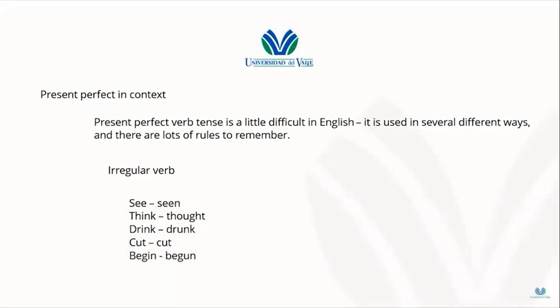Also, verbs where the past is different from the past participle. For example, begin, began, begun, become, and so on. All this topic we're going to see in detail in this section. This is all the topic that we're going to see in these sessions. Thanks for watching this introductory video.